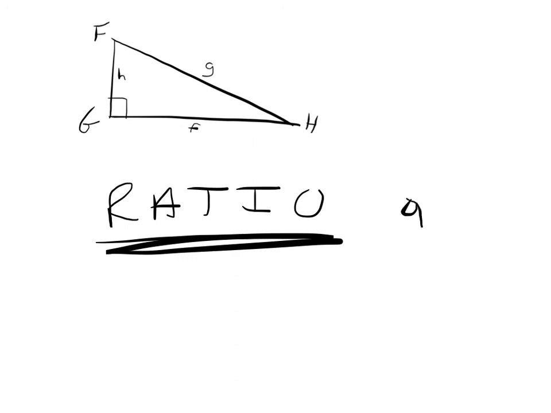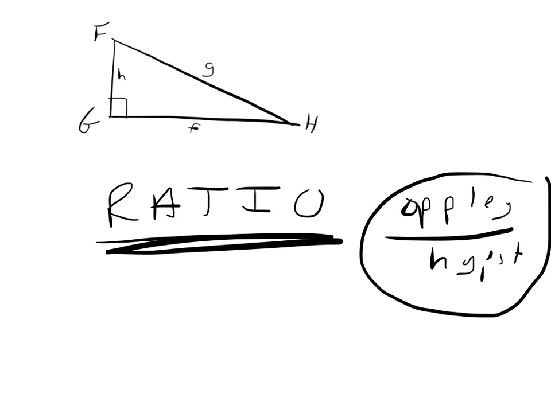It was an opposite leg over hypotenuse. That's a ratio of lengths. Now I can express that ratio as a decimal. And if you look at a table of trig values in your book, or you take your calculator and find tangent of 28 degrees, it's going to give you a decimal. But that decimal is coming from a ratio of lengths, and it's a decimal approximation to an exact value.